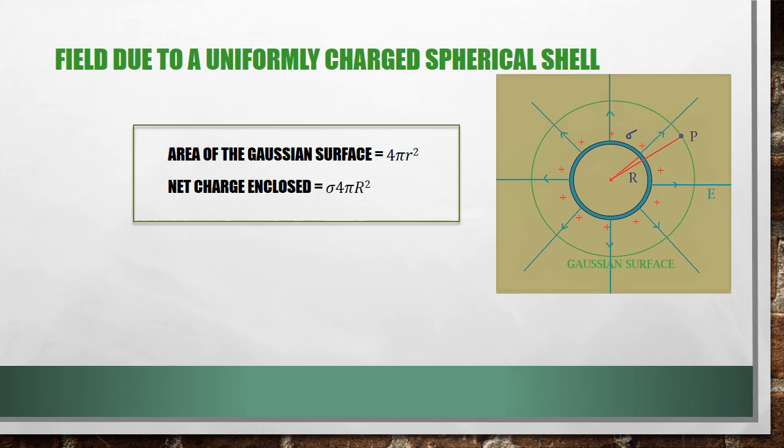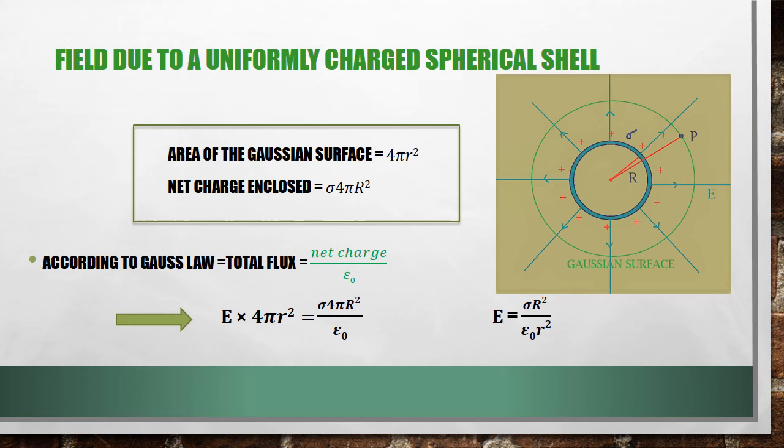Net charge enclosed is sigma into 4 pi capital R squared. According to Gauss's law, the total electric flux passing through the Gaussian sphere is equal to net charge by epsilon 0. Therefore, E into 4 pi small r squared equals sigma 4 pi capital R squared divided by epsilon 0. Therefore, the intensity of the electric field at P, E, is equal to sigma capital R squared divided by epsilon 0 small r squared.